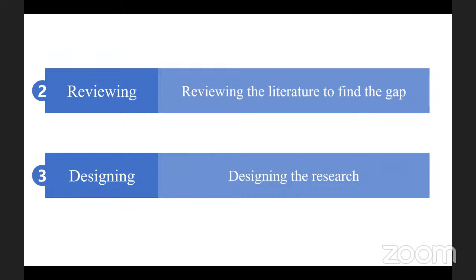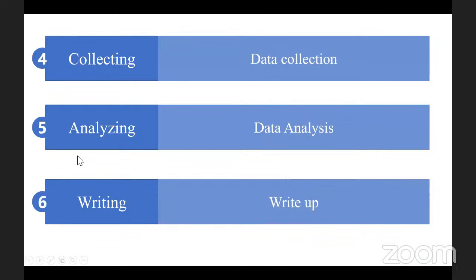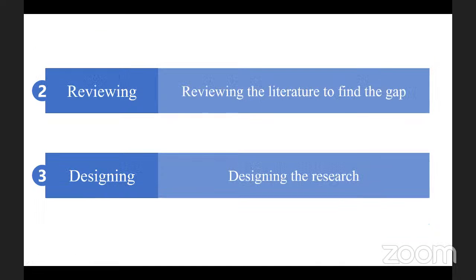If you are thinking of performing an experiment, you should be clear that the instruments or whatever resources you need to conduct the research are available or not. Because if you don't do it at this stage, then when you reach the fourth stage, collection of data, you will face a lot of problems, and you have already wasted a lot of time.